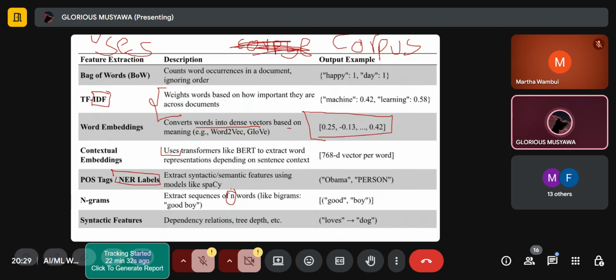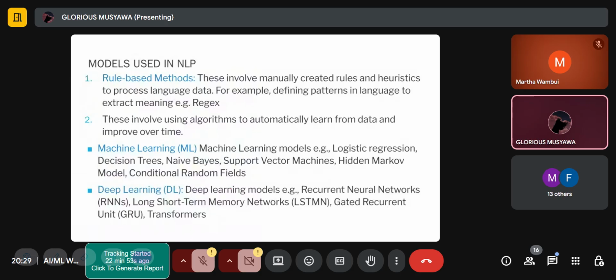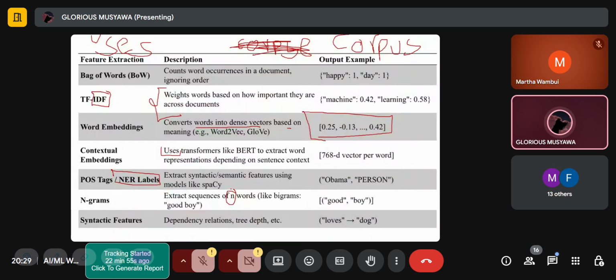So are we together? I'll start mentioning names. So please, just unmute your mic and tell me if you're together, or if you have any question, before I proceed. Are we okay so far?